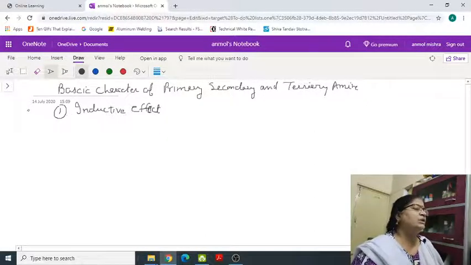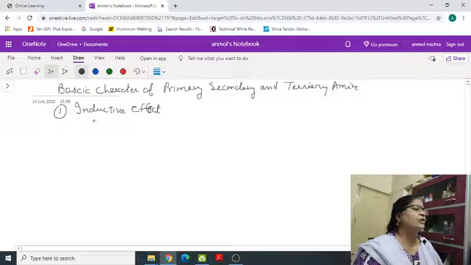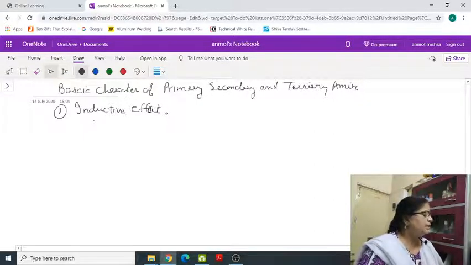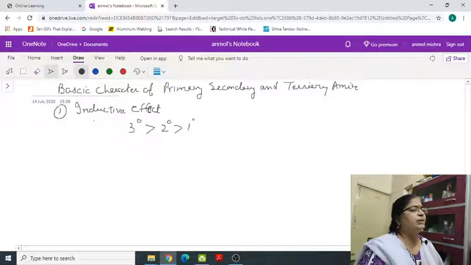Now with increase in number of alkyl groups, the electron density increases. Therefore, the basic character of tertiary is greater than secondary, is greater than primary.